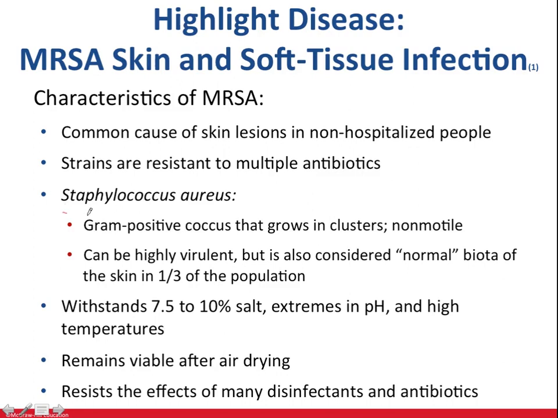This type of bacteria has a specific antibiotic resistance gene. MRSA can be found in 1/3 of the population, which means it is also considered normal biota. If we have a normal immune system, MRSA could not cause disease to us.